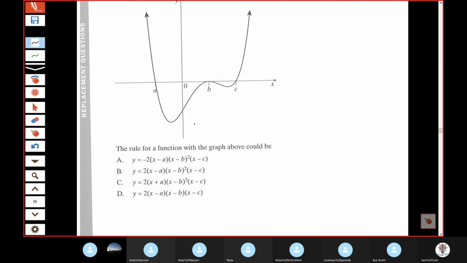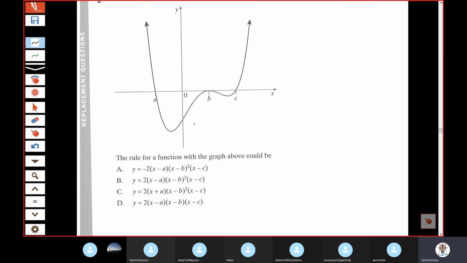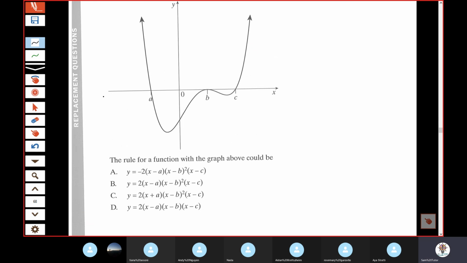Okay. This one. The rule for a function with this graph above. Remember, whole polynomial, even, odd, and then negative odd, and then negative even. And then pretty much intercepts, powers of ones, powers of twos are bouncy or parabolic.